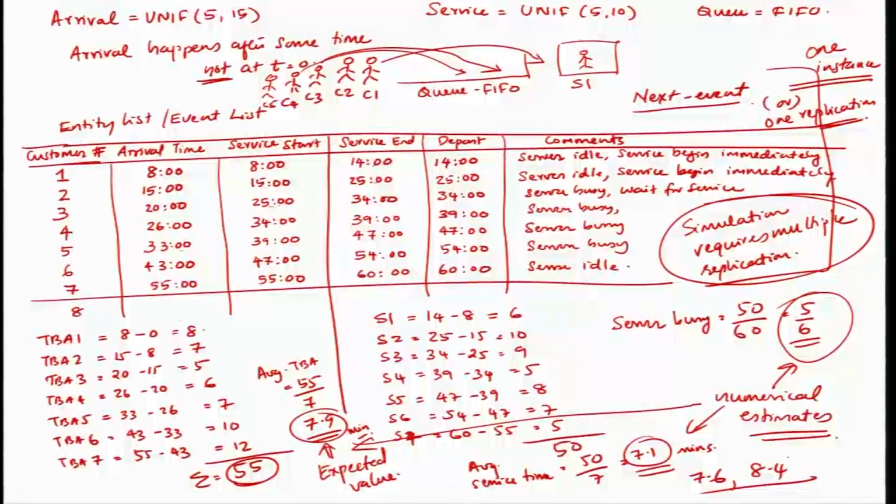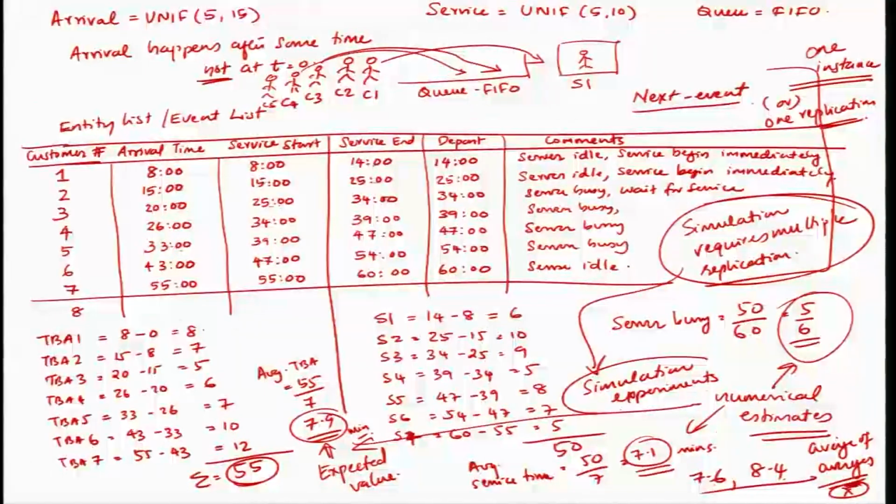Then using these individual averages, you calculate the average of averages, what we call x bar bar, and using that we make predictions of different numbers. Since we keep repeating this experiment multiple times, this is called simulation experiments. The experiment is the numerical analysis using the simulation model, where we create random variates and from there study the long-time behavior of the system.